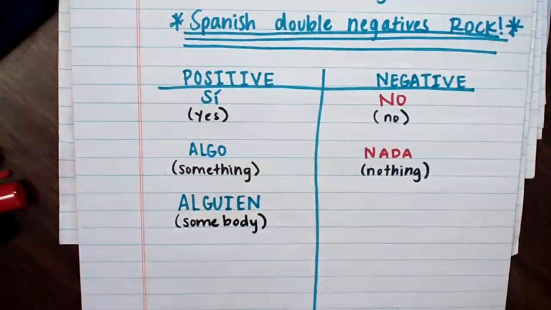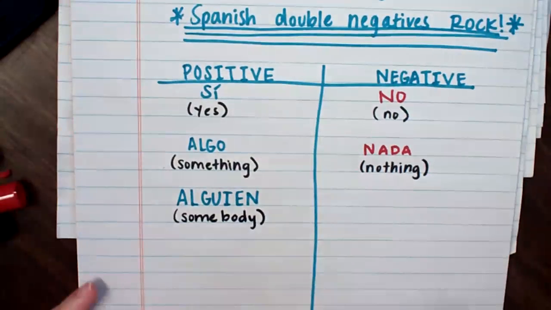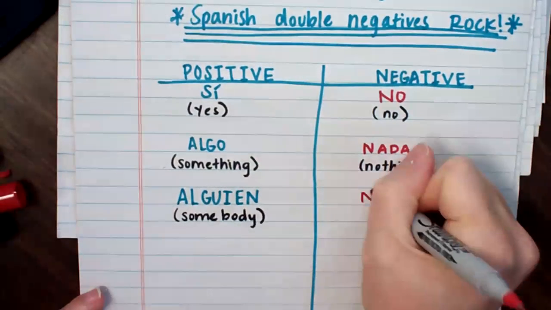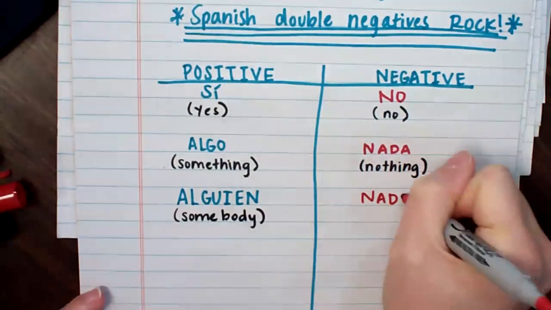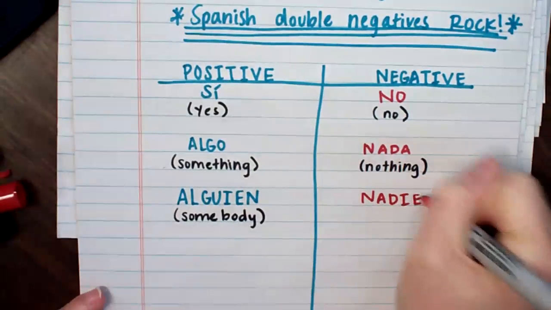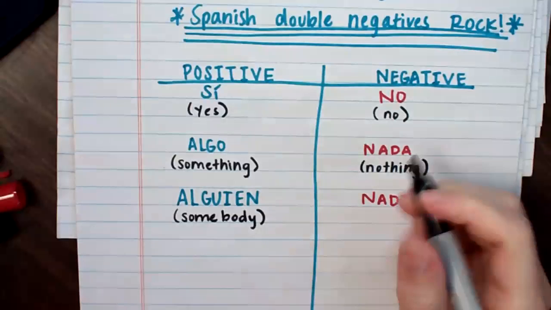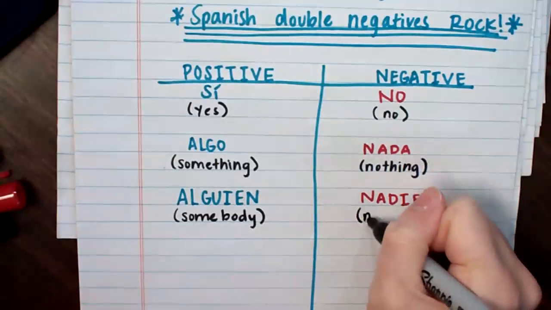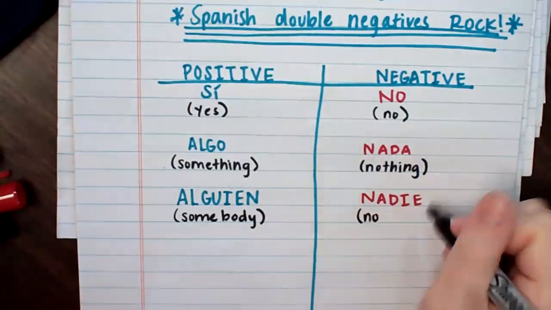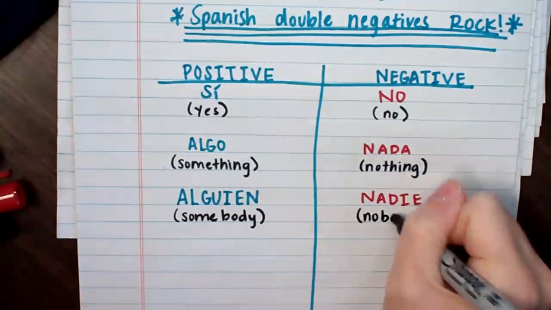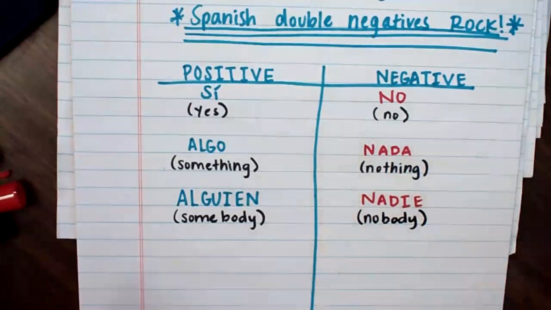And the opposite of somebody is nobody. That is nadie. Nadie. Nobody or no one.